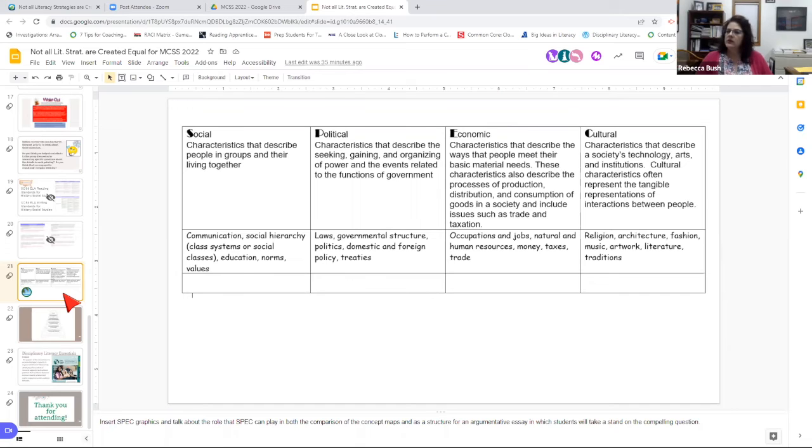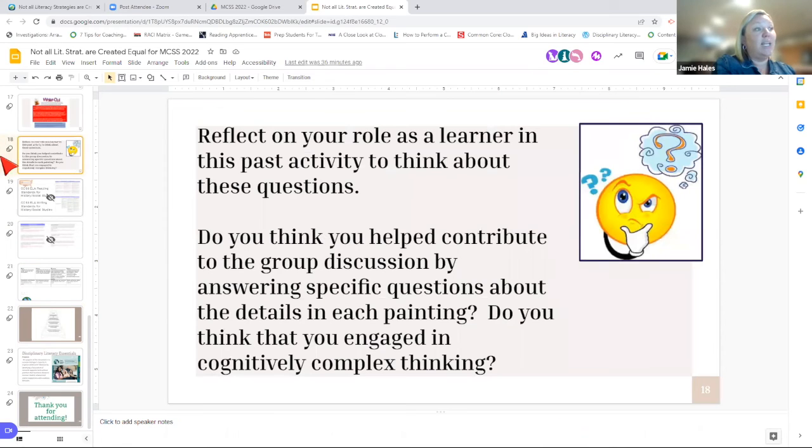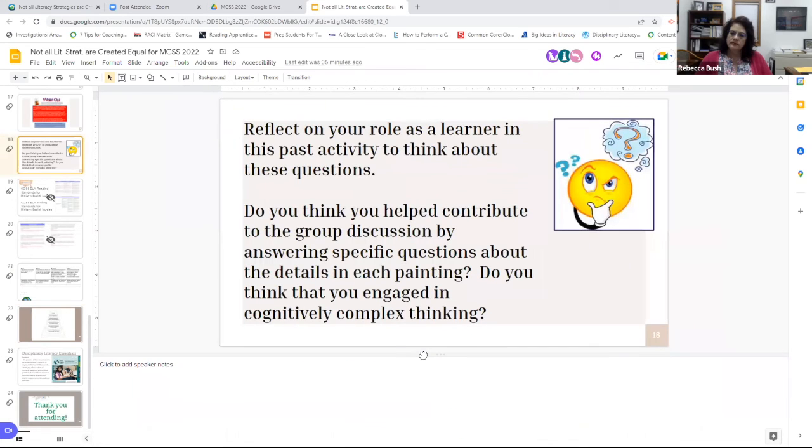So what kind of preparation would your students need to feel comfortable having a conversation around these different types of texts? So do you think the scaffold question would come after our question on slide 18 about what it was like as a learner?